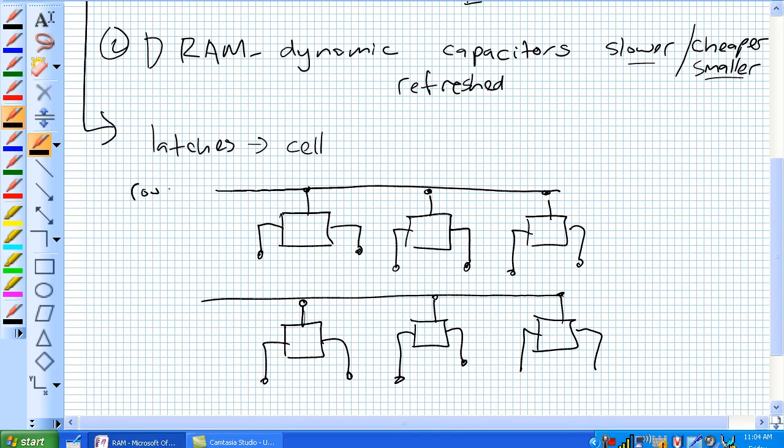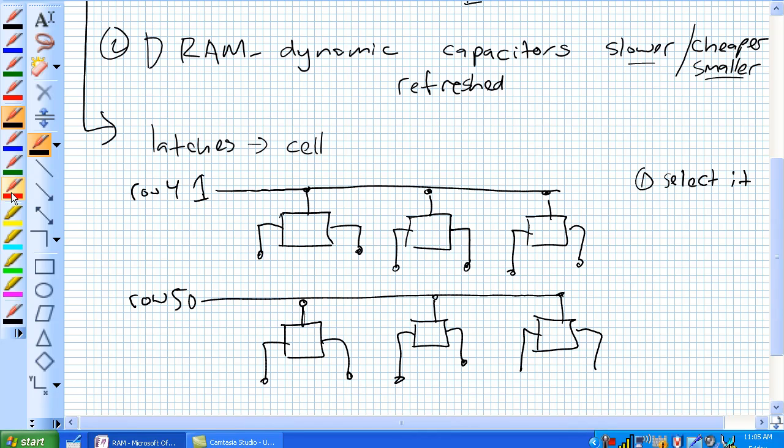So that's row, let's say 4, that's row 5. Okay, we want to go ahead and write something to row 4. So the first thing we got to do is we got to select it. So row 4 goes high, all the other rows remain 0.